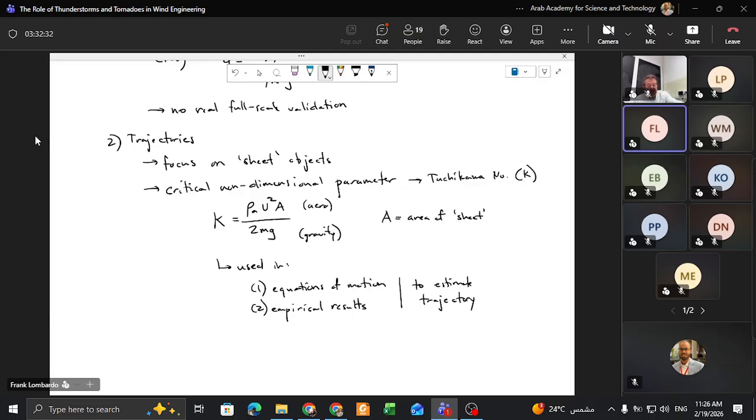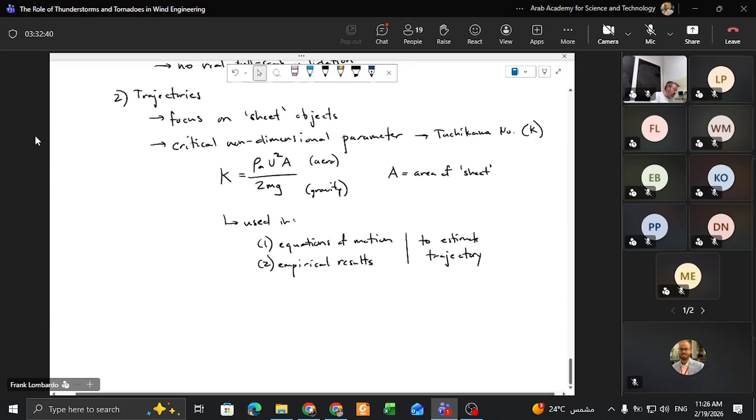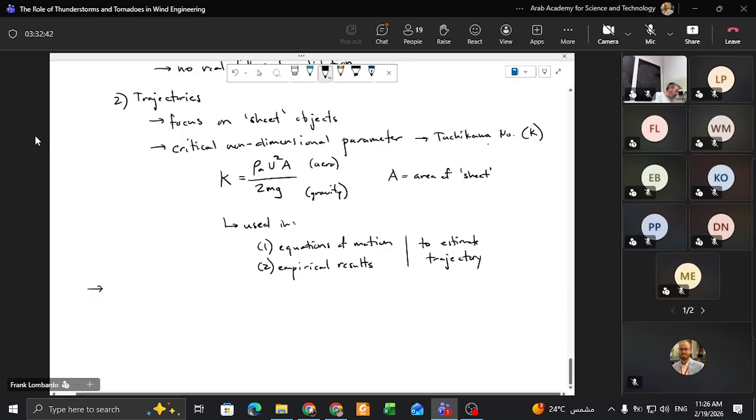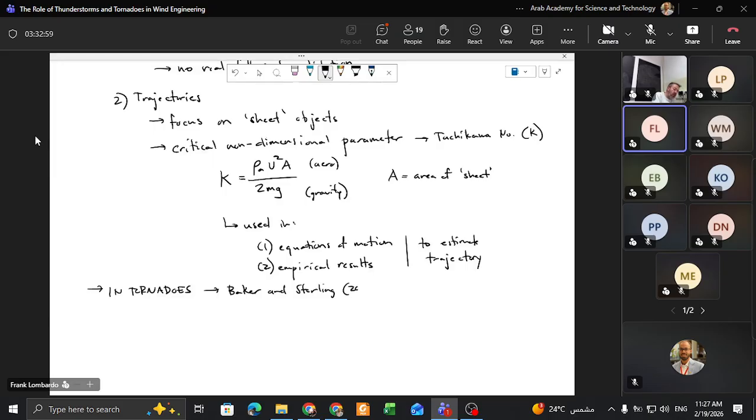So that's generic debris modeling. Let's talk a little bit about debris modeling in tornadoes. A key paper that recently came out, and I mentioned this paper when talking about tornado wind fields, is from Baker and Sterling in 2017.